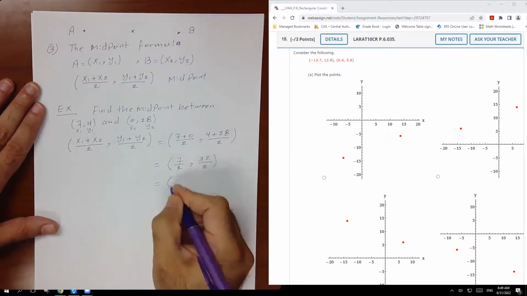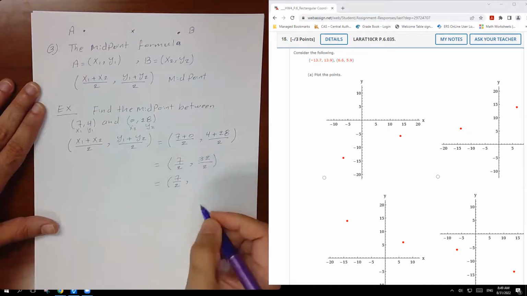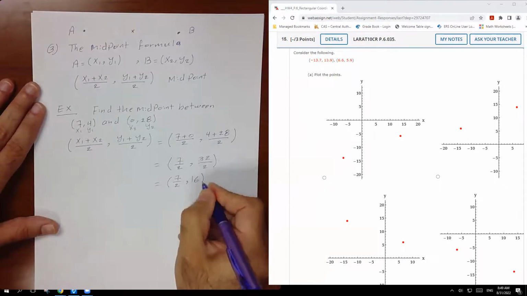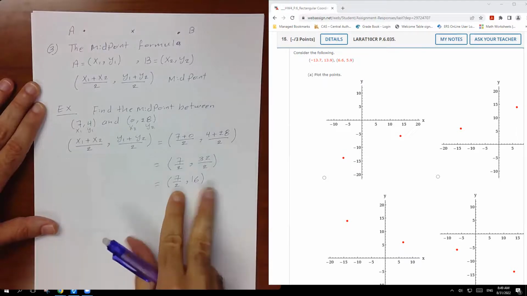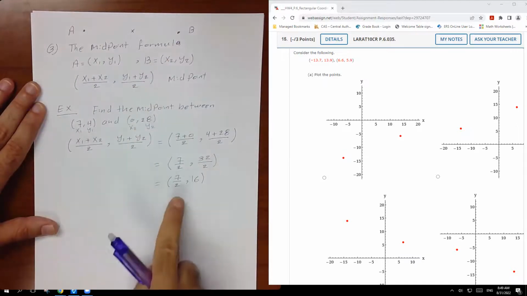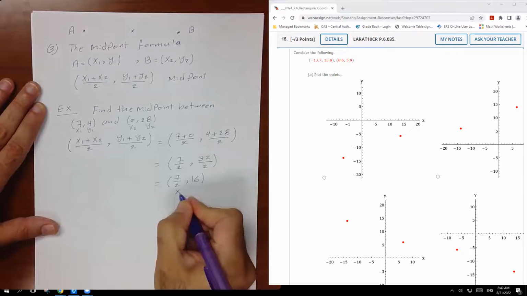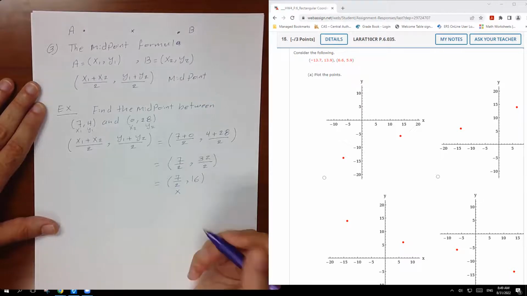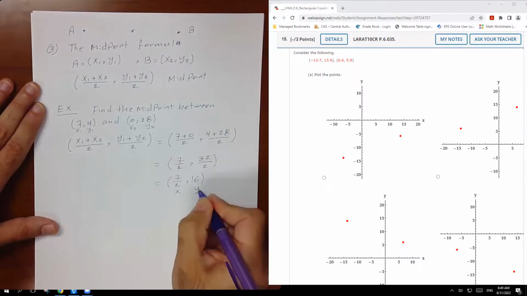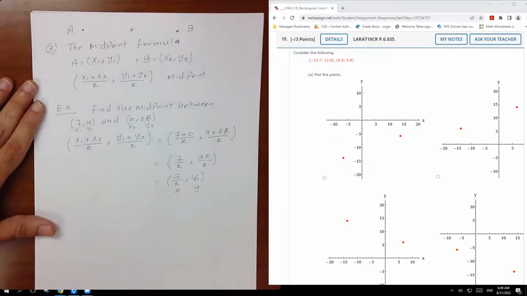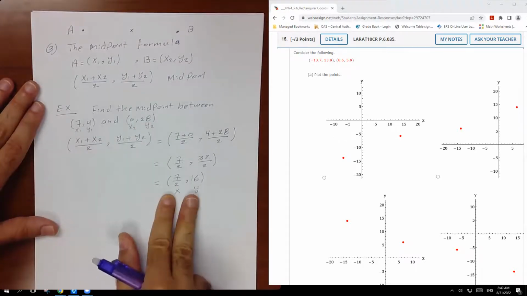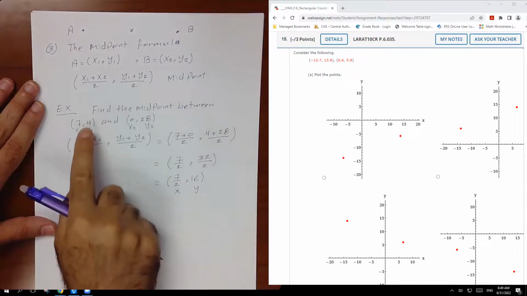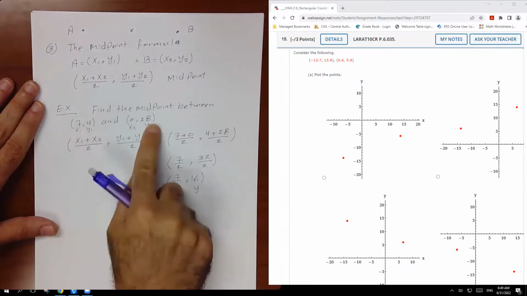Simplify it more. So it's going to be 7 divided by 2, and 32 divided by 2 is going to be 16. So the coordinate for the midpoint between A and B is going to be: the X is 7 over 2, which is almost 3.5, and here is the Y. So when you graph A and B, and you graph the new point, which is the midpoint, you will see the midpoint is exactly between this point and this point.